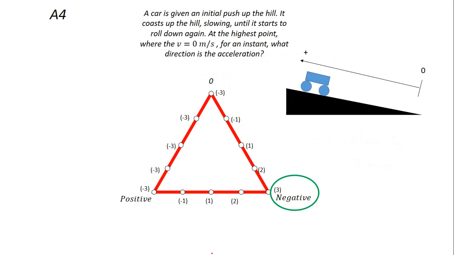Number 4. If it's been pushed up the hill, it has a high initial velocity, and that gets smaller and smaller and smaller. And in between these is the acceleration. So the acceleration is in that direction. That direction is the negative, right? Back towards 0 is negative.